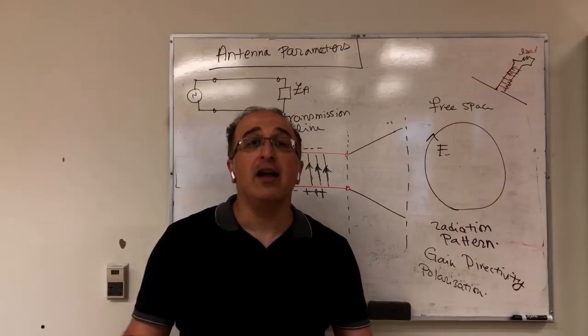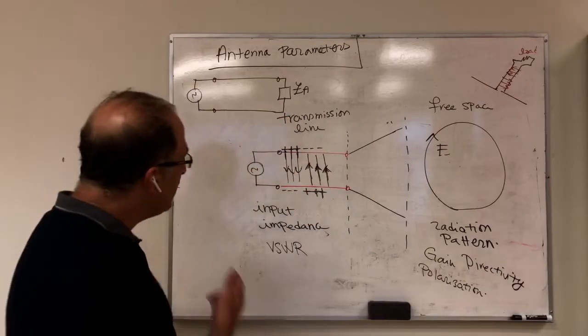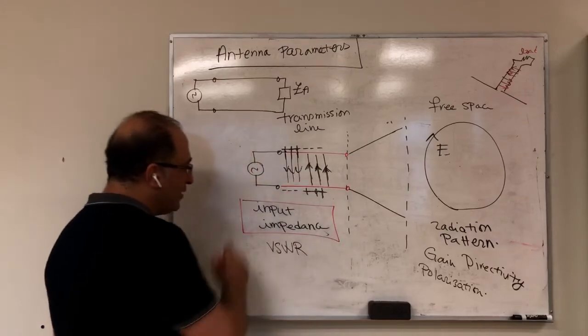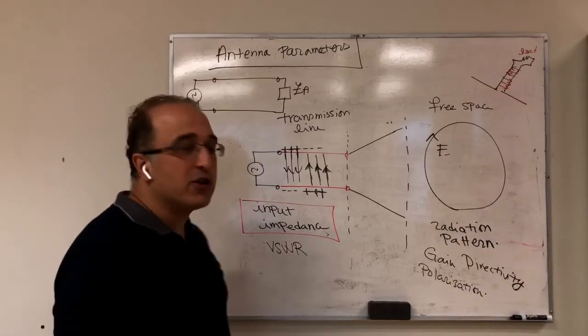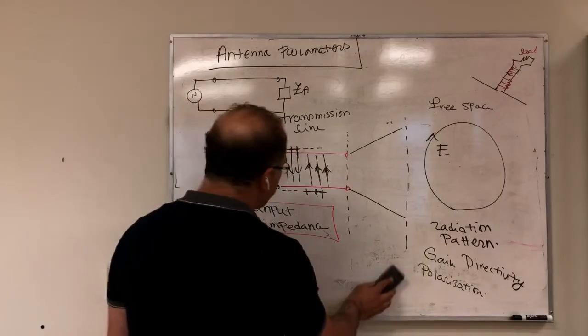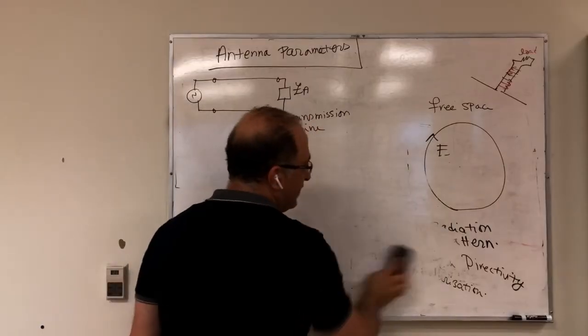But for now, let's understand the important parameters of the antenna. So let's start with this thing, which, as I said, is extremely important when it comes to antenna from a circuit viewpoint. So let's talk about this one.